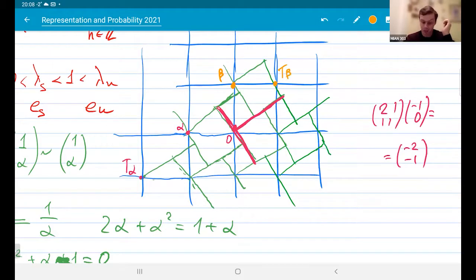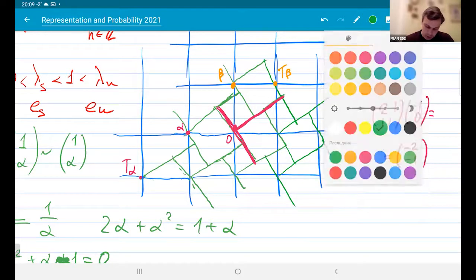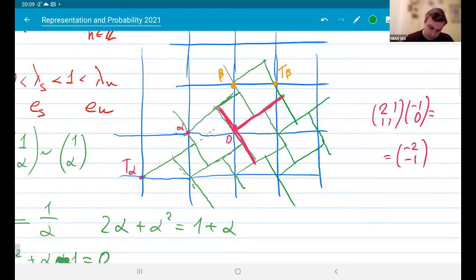Поэтому картинка получается вот такая. Надо взять вот этот отрезок, его продлить. Дальше, как вы видите, интересный вопрос: вот эта линия, которую я сейчас рисую, пройдет выше ТБ или ниже ТБ? Давайте поймем.